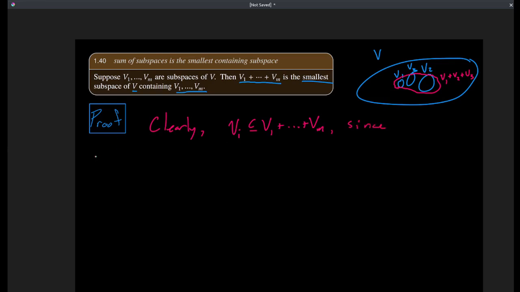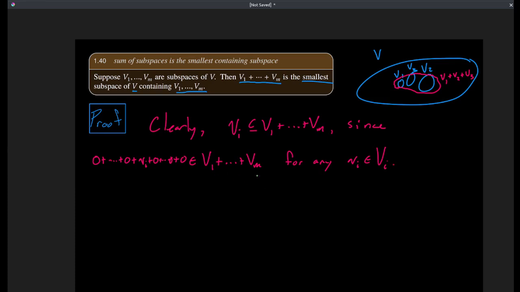Here's what I'm trying to say. If you take the element of the sum of V1 through Vm that is all zeros except for the ith coordinate, which is any element of Vi, then that is certainly in there.